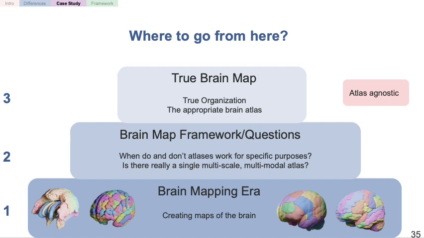And finally, the top level, the third level, is the creation of one or multiple brain maps that represent the true underlying organization of the brain. Like I said before, there may never be one single true brain map for all scenarios. Potentially, we can have one multi-dimensional atlas, including multiple modalities, which we can vary across scales using a sliding scale. But currently, I think we are between levels 1 and 2.